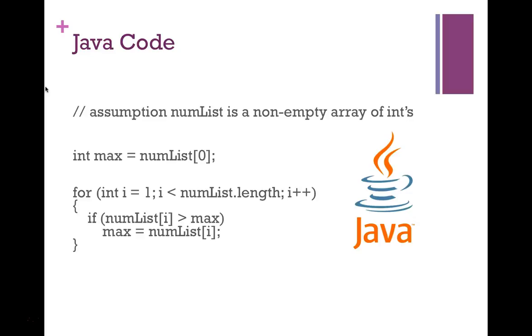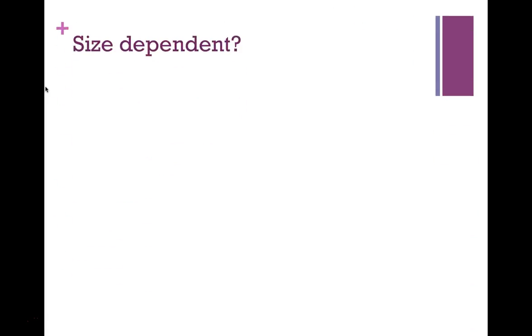So we've found a value that is greater than the max. We're going to remember that value by setting max equal to numList sub i. And then finally, when we've gone through the entire list, we've traversed the whole array, we will print out what that maximum value is, so the user would see what that value is.